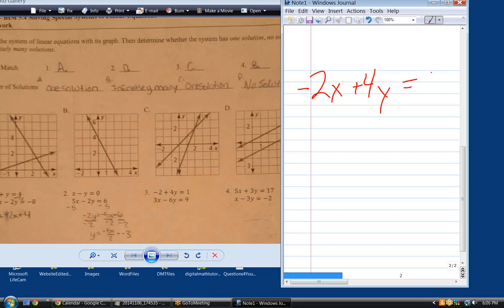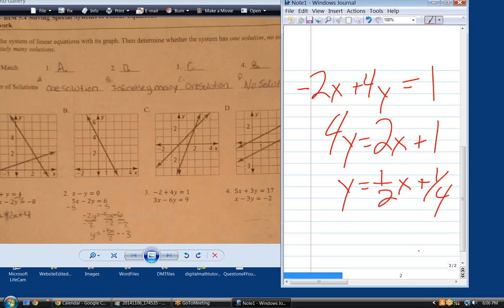So move the X over. So you get 4y equals 2x plus 1. y equals 1/2 x plus 1/4.